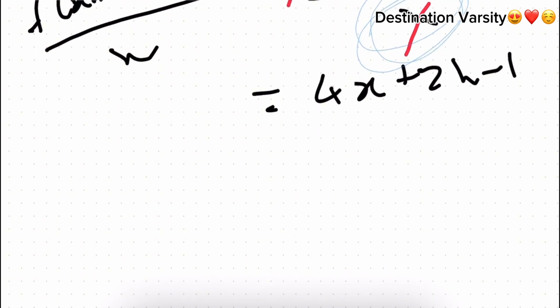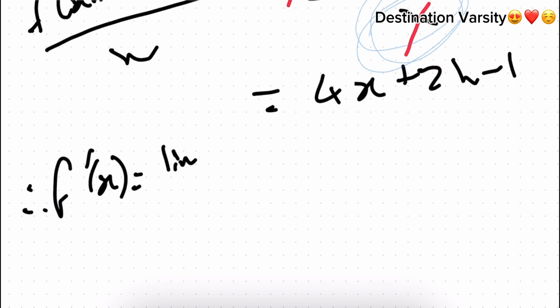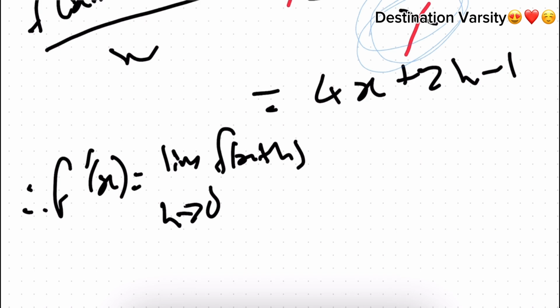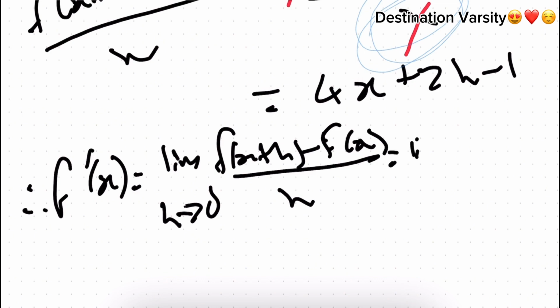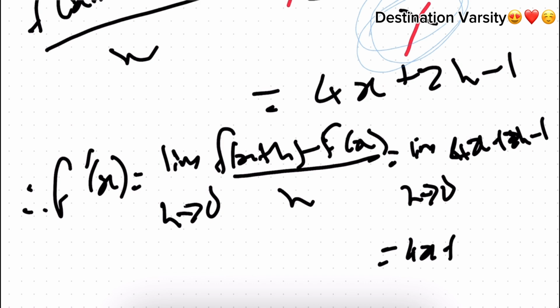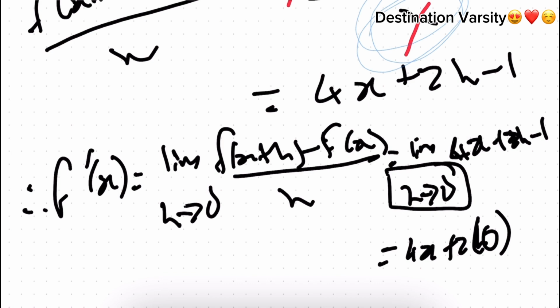So you literally say, therefore, f prime of x is given by the limit as h approaches 0 of f at x plus h minus f at x all over h. That's the limit as h approaches 0 of 4x plus 2h minus 1. Then it's going to be 4x plus 2h, where h is 0 because it's approaching 0, minus 1.